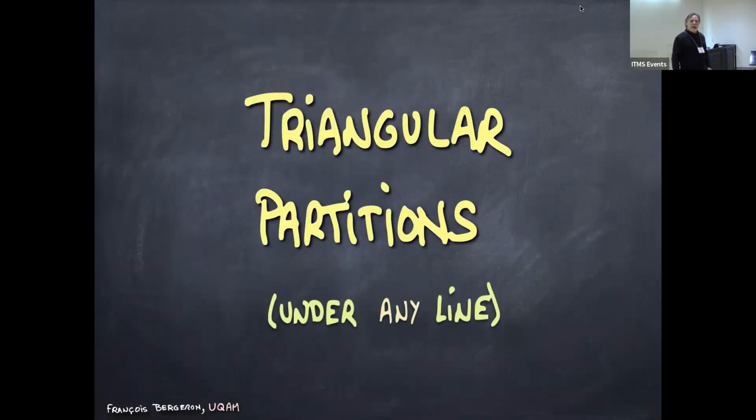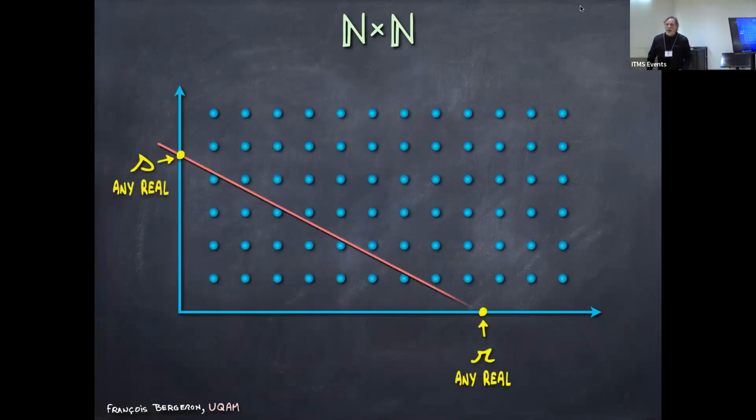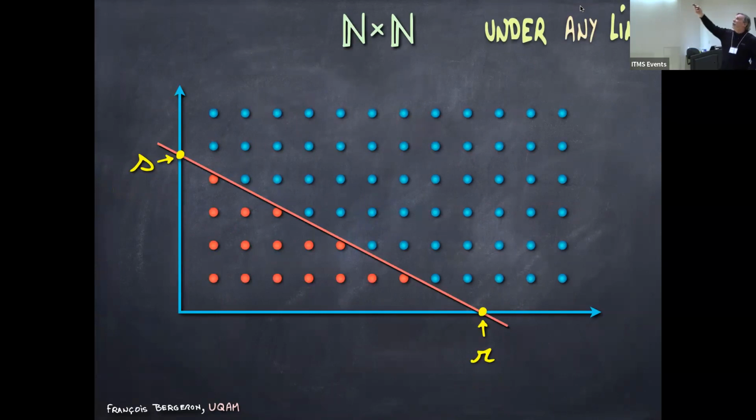So let me start with what is a triangular partition. In the language of the previous papers I mentioned, they say that it's a partition under any line. But I've switched to triangular. You'll see why in a minute. So what do we mean by a partition under any line? That's what you see here. You consider any line, where s and r are real numbers, any positive real number.